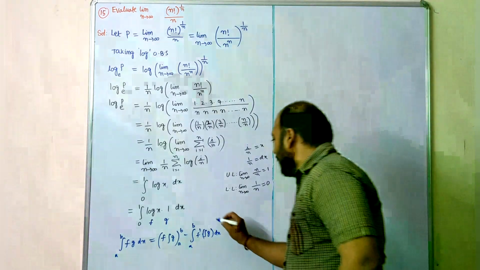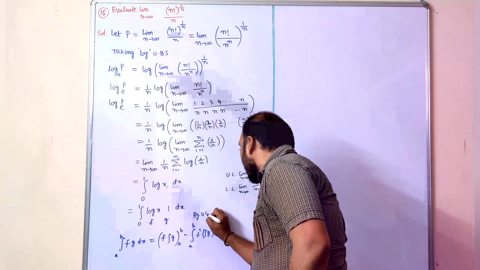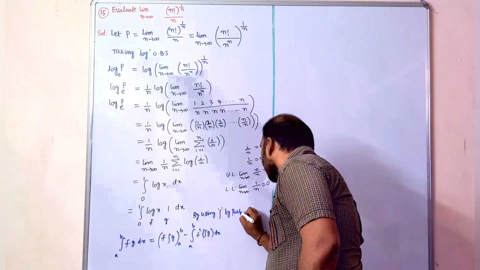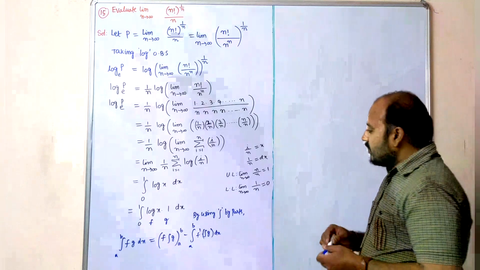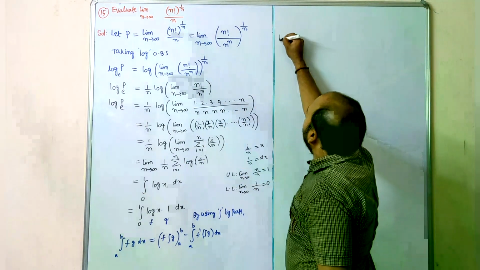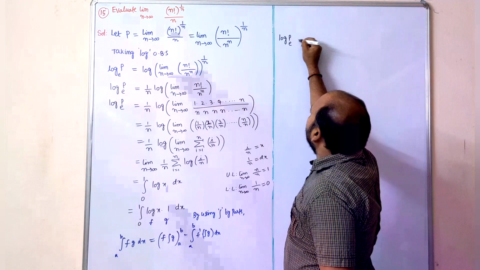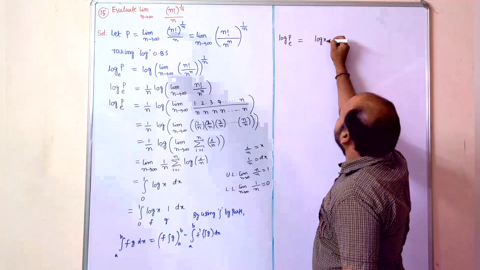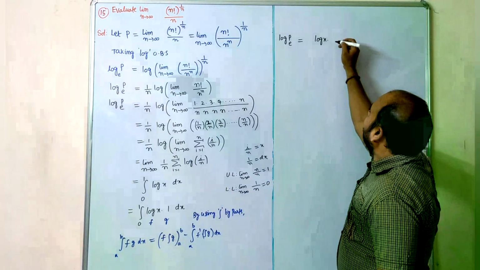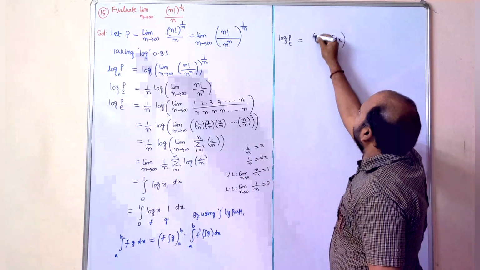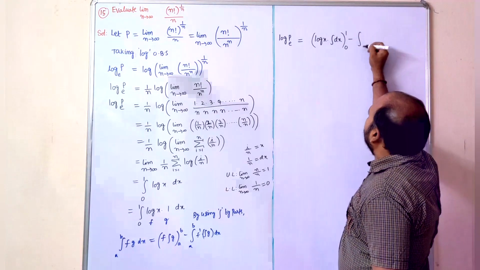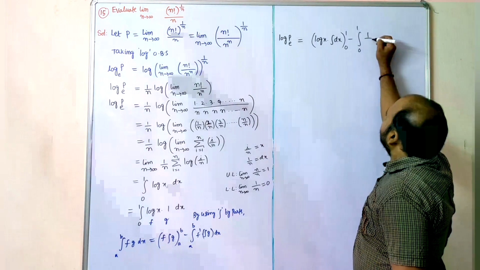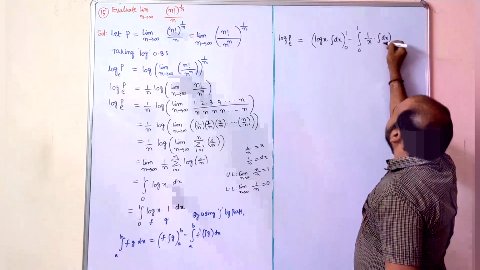This formula we are going to apply. So now, log p to the base e is equal to, here f means log x, into integral g, integral 1 into dx, applying the limit 0 to 1, minus integral f dash of x from 0 to 1, log x derivative is 1 by x, integral 1 into dx, whole dx.